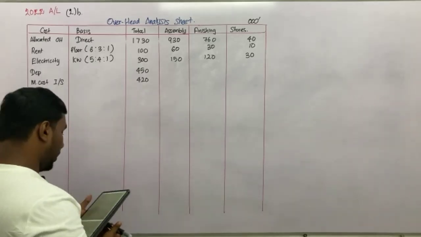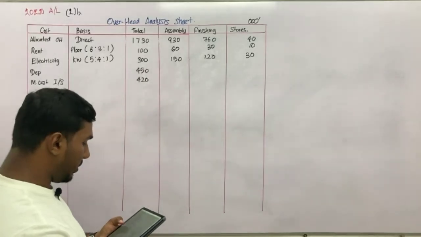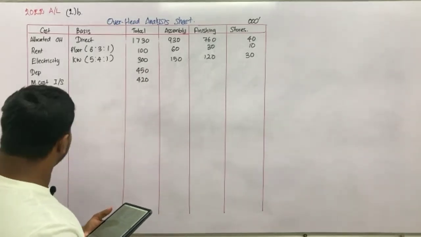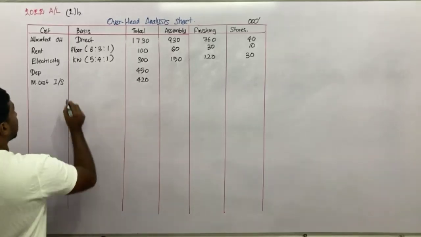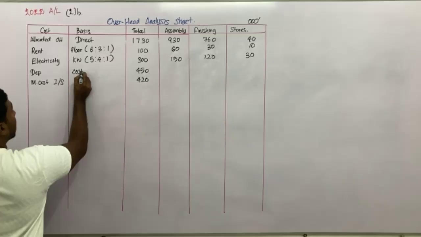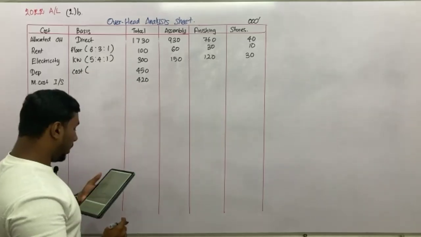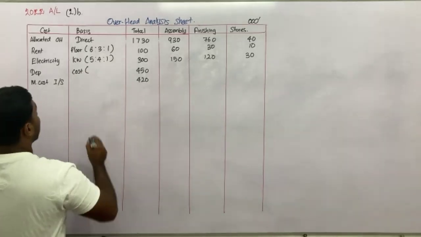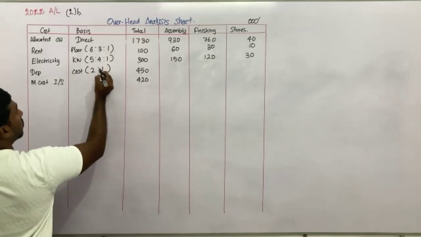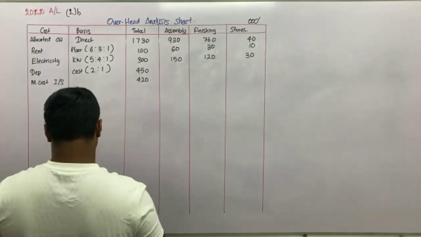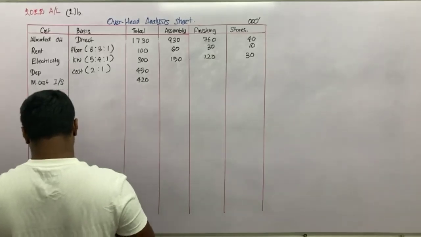After that, depreciation, which means the cost of the machinery is given there. Machinery cost will be the appropriation basis. 80 to 40, so 8 to 4 means 2 to 1.